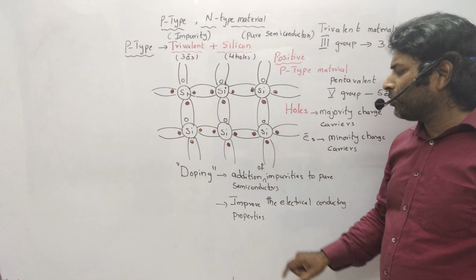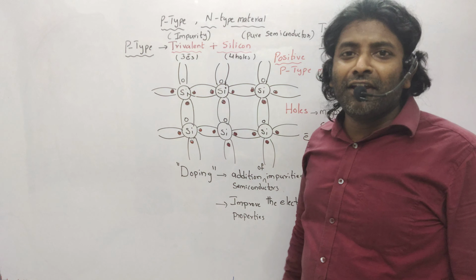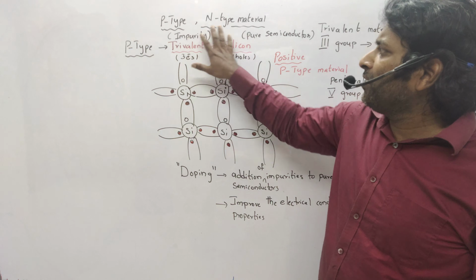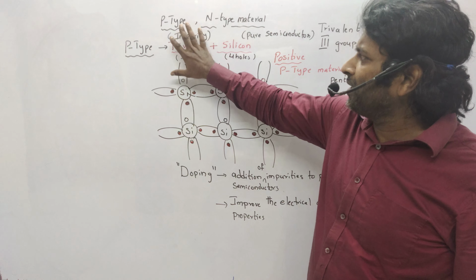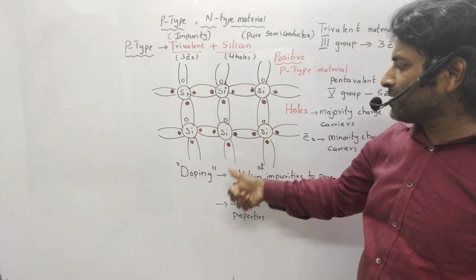Doping. What is the meaning of doping? Addition of impurities to the pure semiconductor. Here silicon is the pure semiconductor and we are adding trivalent material. Whenever we add another thing to a pure thing, it becomes impure. That process is called doping. And why do we need to perform doping?